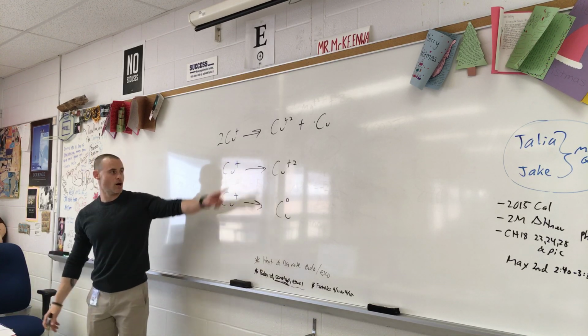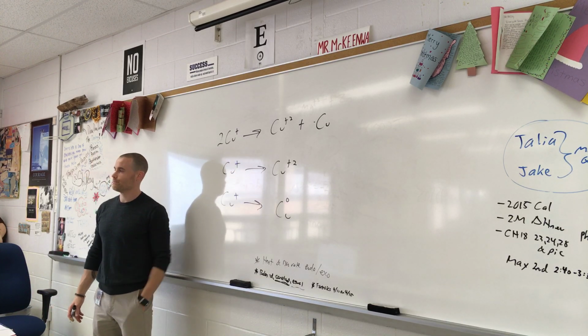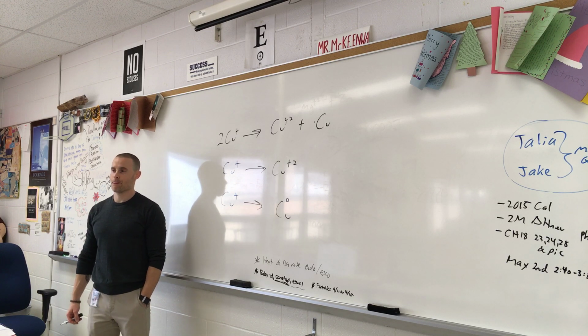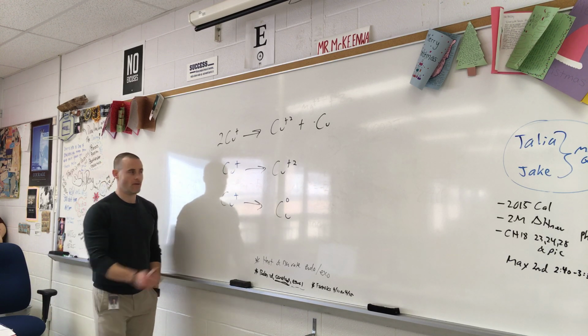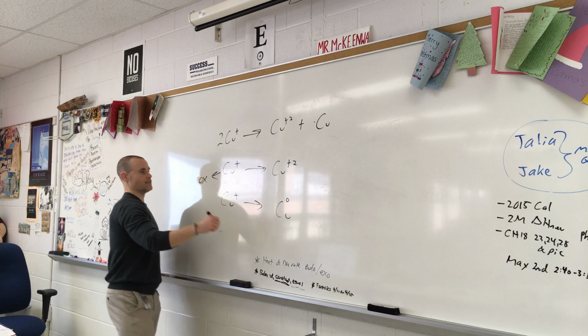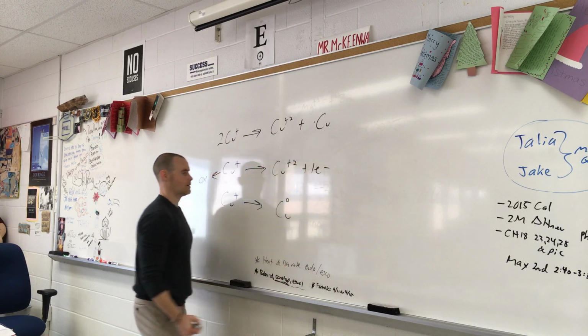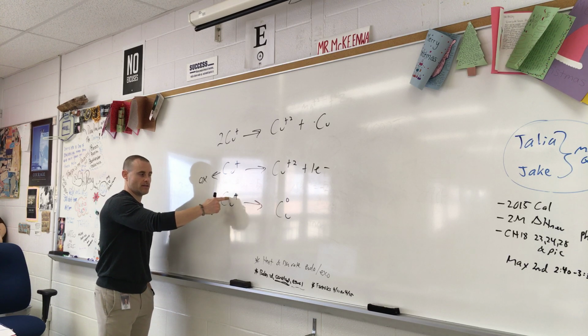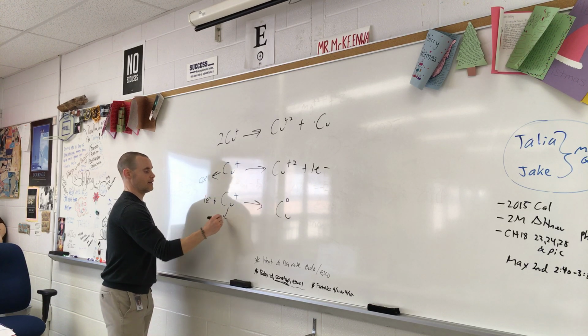What's going on here? How do you go from a +1 to a +2? Who's losing an electron? Copper, right. So it's oxidized. It's losing 1 electron. What's happening down here? This one is gaining an electron. That's reduced.